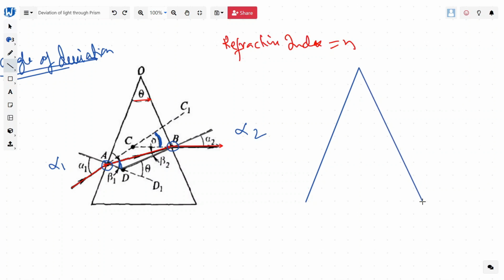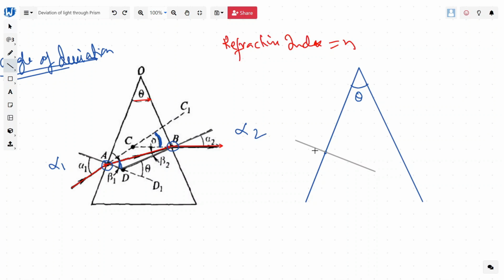Something like this. We have this angle theta, which is known, we know about the prism. Now here is point A, and the light is going to come like that, so we need to draw a normal. So we'll draw a normal perpendicular to it.